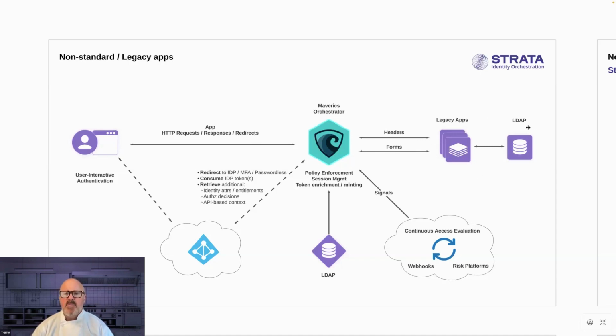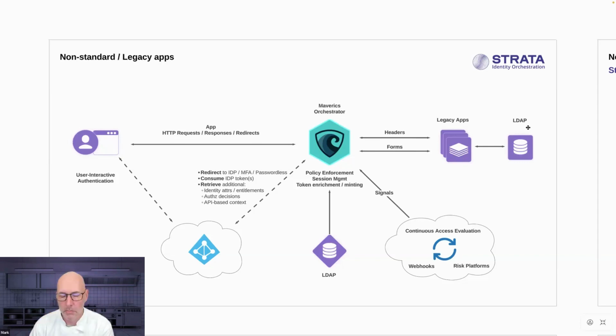Could be any different types of patterns: Kerberos, headers, forms, all kinds of different patterns that we see in these types of applications. It could be expecting cookies, those types of things. So by policy, the orchestrator is going to sit in front of that. The orchestrator is so teeny tiny that you can deploy it on the web host. You can deploy it in front of it wherever you want. We're pretty unopinionated about the best place that you want to put it.